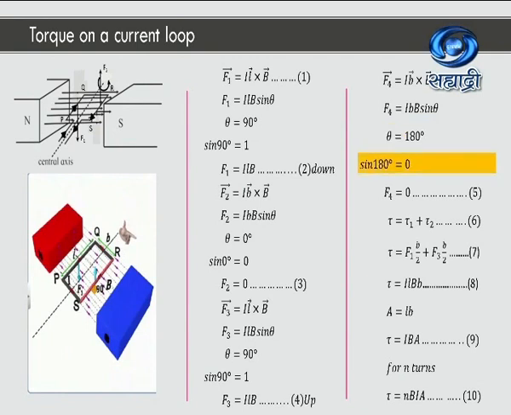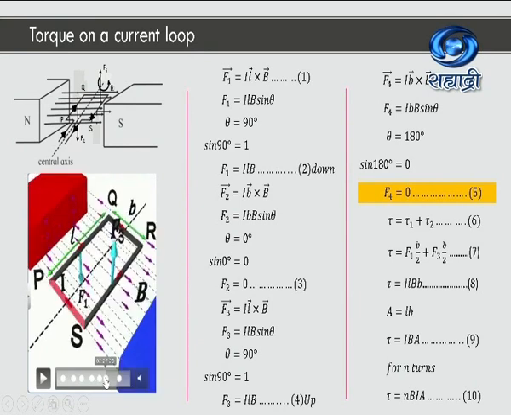Sine 180 is equal to 0. Therefore, no force on the fourth side here. So can we say F4 is equal to 0 then? Yes. So we have got all the forces that are experienced by this rectangular loop when it is kept in an external magnetic field with its plane parallel to the field.